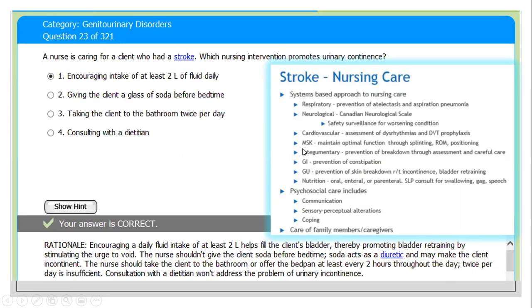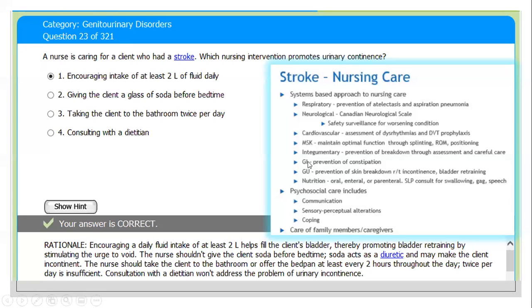What else? Musculoskeletal system: maintain optimal function through splinting or range of motion exercise. Also adequate or appropriate positioning. Integumentary system: prevent breakdown through assessment and careful care of the skin.